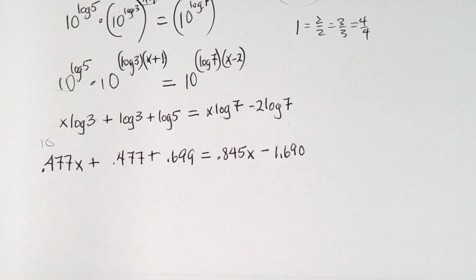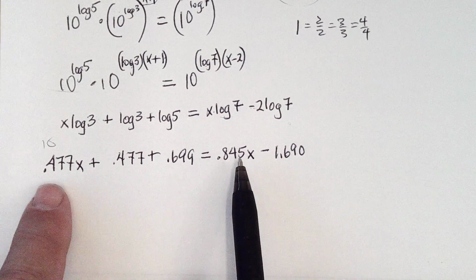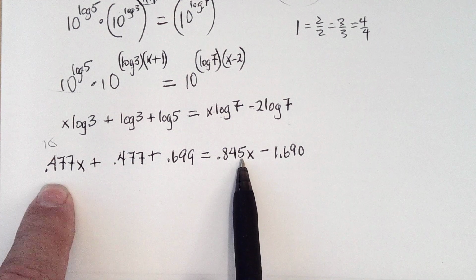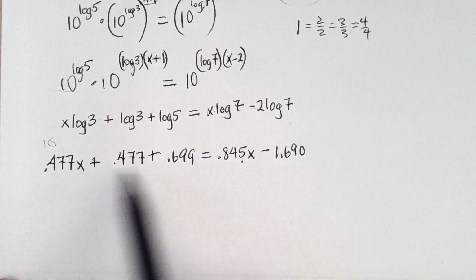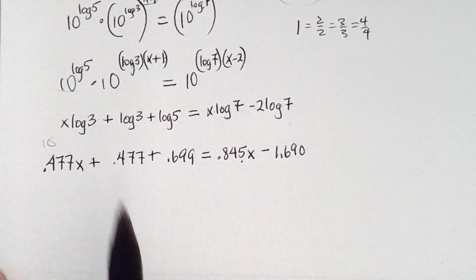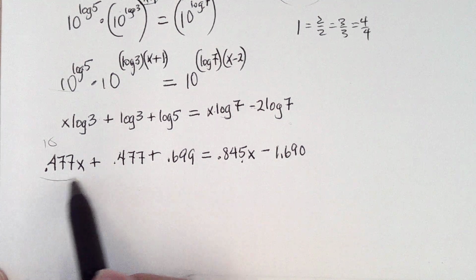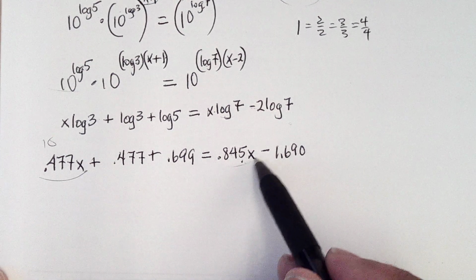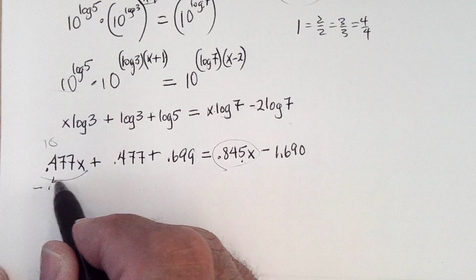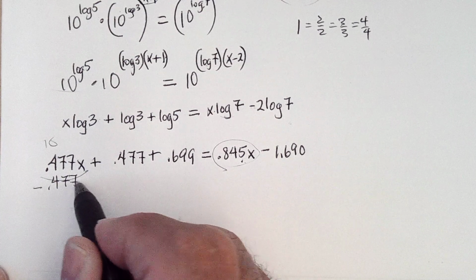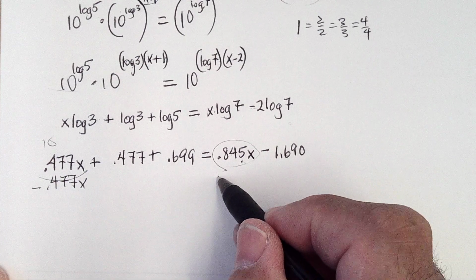This hopefully looks like an Algebra 1 problem to you, where we've got x's on both sides of an equal sign. We have to get them together. It just happens to be ugly looking numbers times the x's. So I'm going to collect my x's over here because this is a bigger one and I'll have positive. So I'm going to subtract 0.477x from both sides.